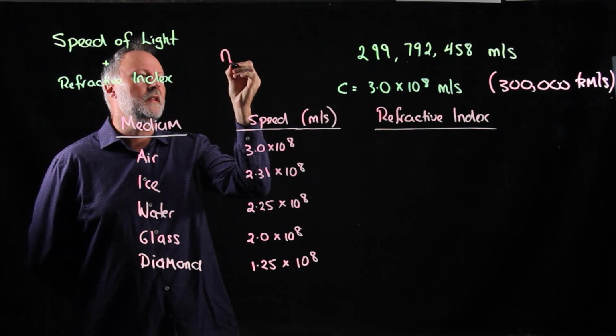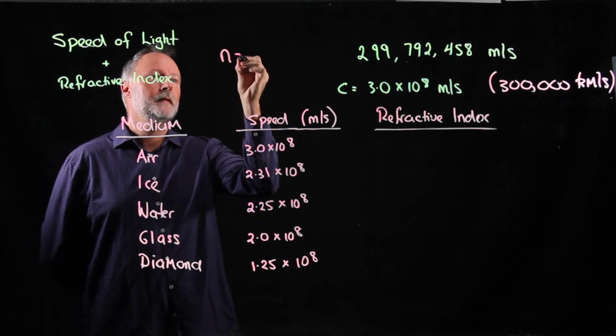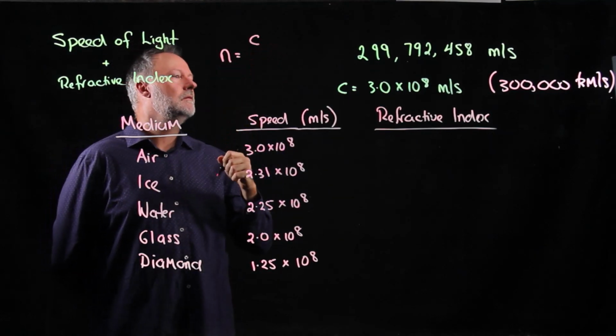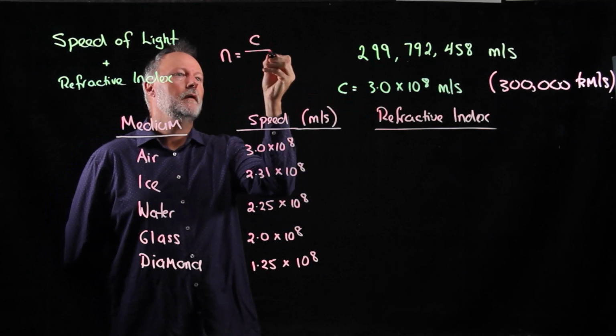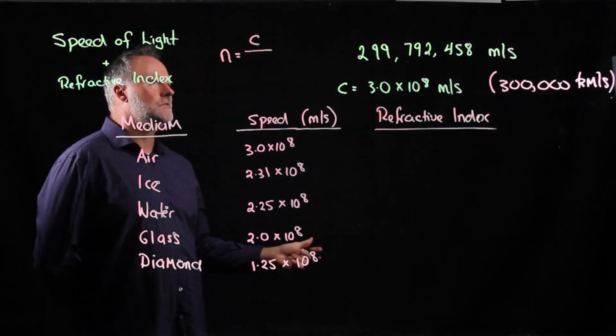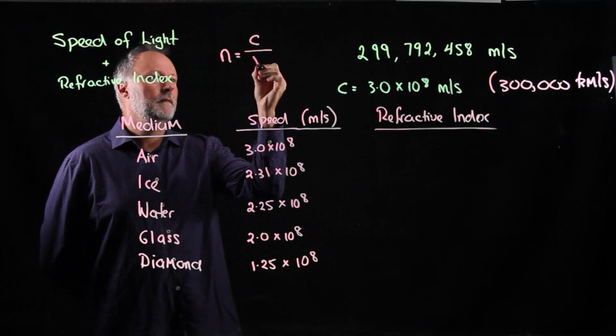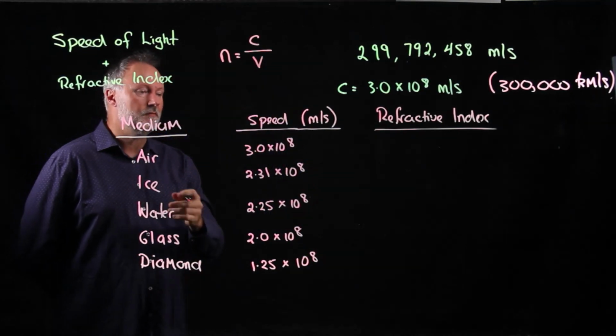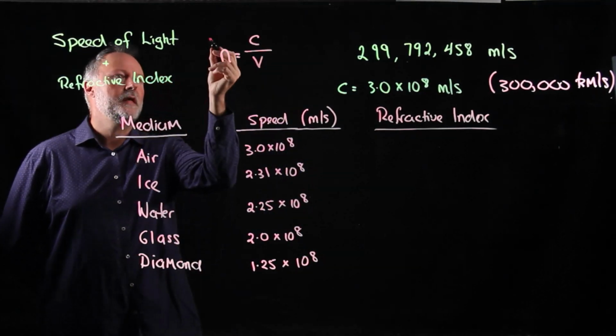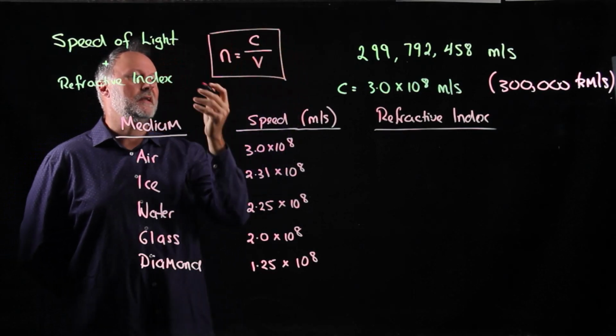So the refractive index, which is given the symbol n, is the speed of light, which is 3.0 by 10 to the 8 meters per second, divided by the speed of light in the given material. So that's an equation we can use to calculate the refractive index.